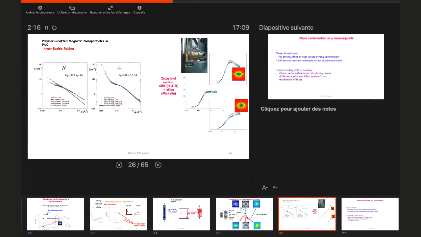All right. And just one last thing: has any similar study been done, but using grafted chains? Yes, you mean silica with butadiene grafted chains? Right, looking at the chain conformation under deformation, the effect of grafting specifically.